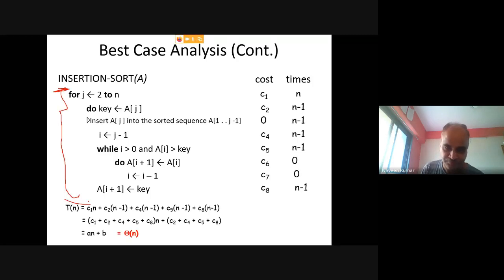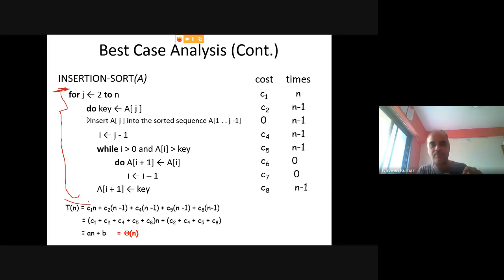Now, one more thing. Along with the table, you need to give another table where you will write order terms. For insertion sort, in the best case, let us say, order n square. Bubble sort, in the worst case, let us say. So for best case and worst case, we will provide that table format.